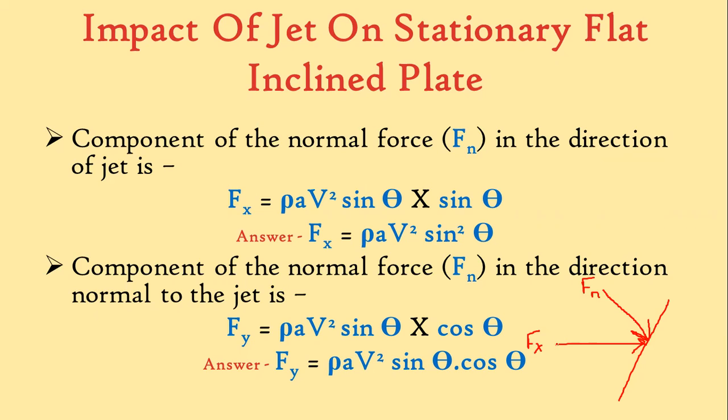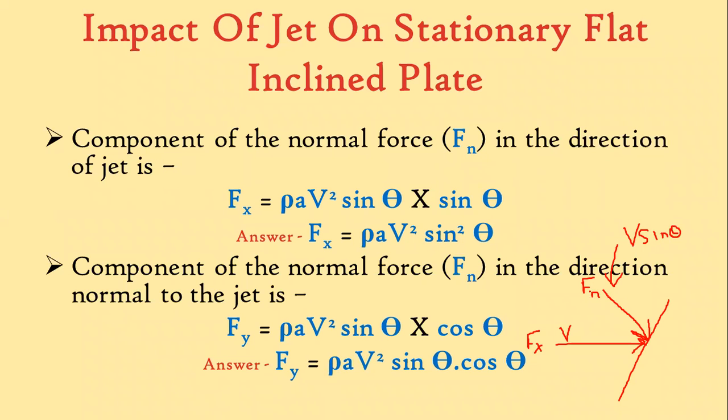Now the jet is striking with a velocity v. So for that purpose, we divide this velocity into two components, a cos component and a sine component. And for this Fn, it will be v sine theta.